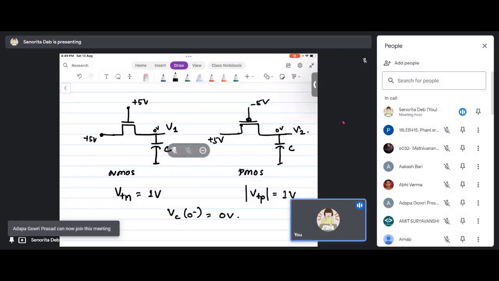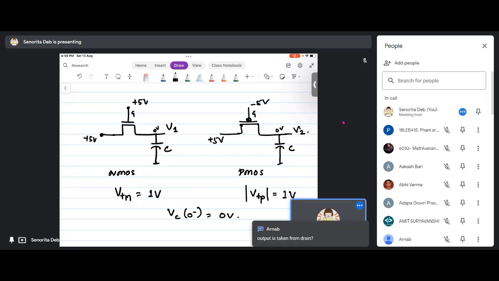Now can anyone tell me which one is source and drain? We all know this is the gate. Which one is source, which one is drain? Is the output always taken from drain? Arnab is saying that output is taken from drain. Plus 5 volt is drain in both the cases.